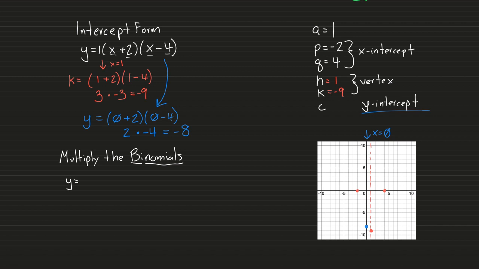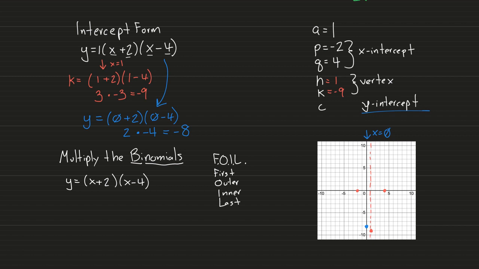Figure this out. y equals x plus 2 times x minus 4. And we used a thing called FOIL, which just stood for first, outer, inner, and last. Well, what does that mean?